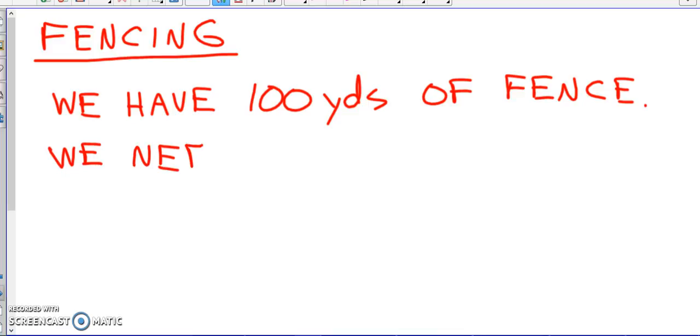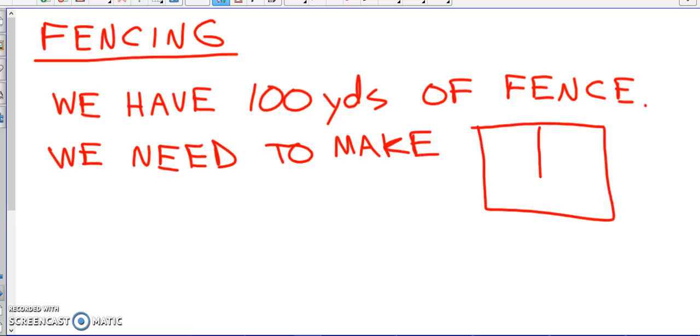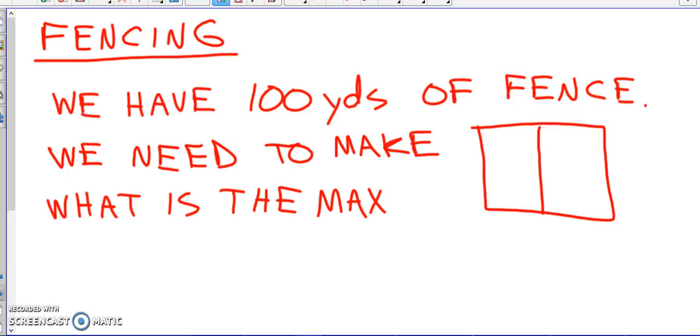We need to make an area like that, where not only do you have a rectangular fence, but you've got a fence dividing it down the center. What is the maximum area and what are the dimensions?